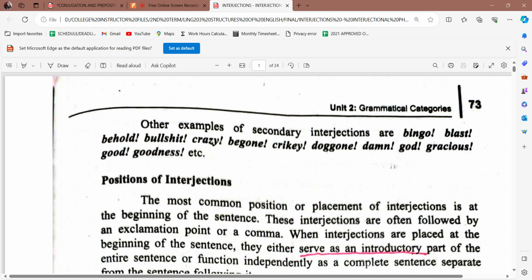"It's so beautiful." Okay. An interjection meant to express uncertainty, confusion, or disbelief requires a question mark. So it is not just the exclamation point, but commonly it is the exclamation point when you want to express a strong emotion. But sometimes when there is confusion, uncertainty, or disbelief, it requires a question mark.